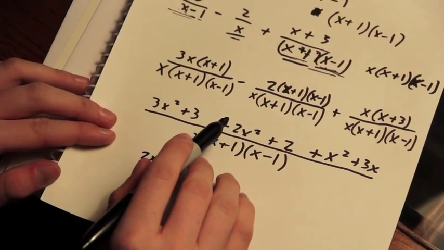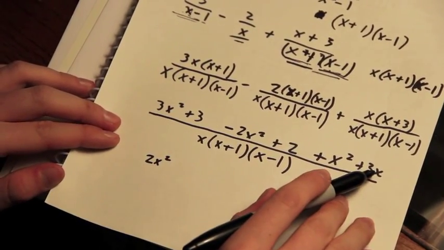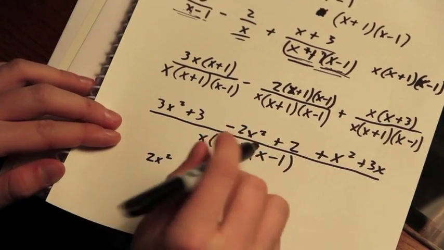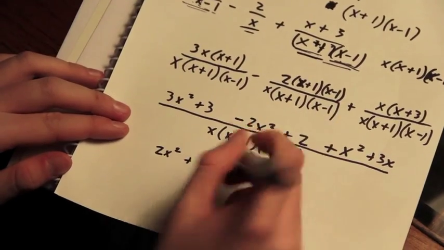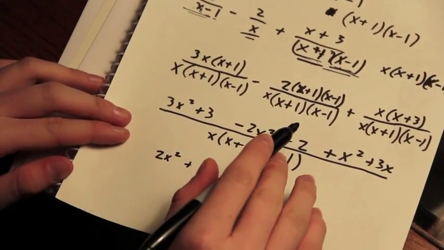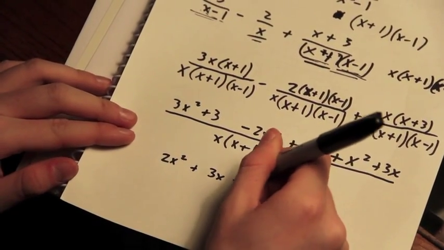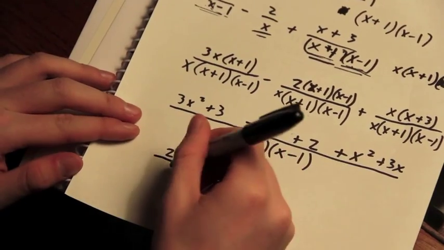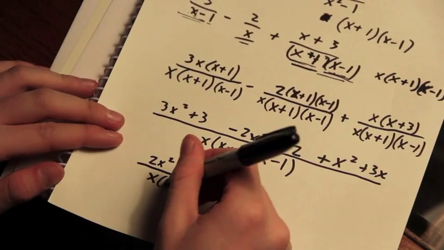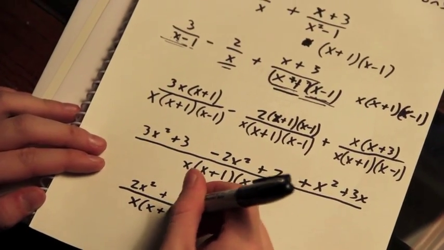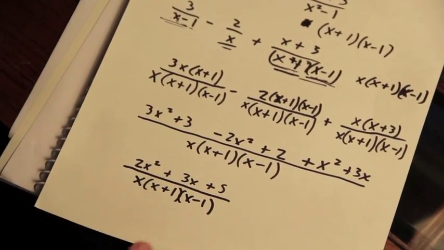And then we have a 3x, and it doesn't look like that combines with anything else, so plus 3x. And then we have 3 plus 2, so that gives us 5, plus 5. And that will be written over our common denominator that we found once again. And that is your answer.